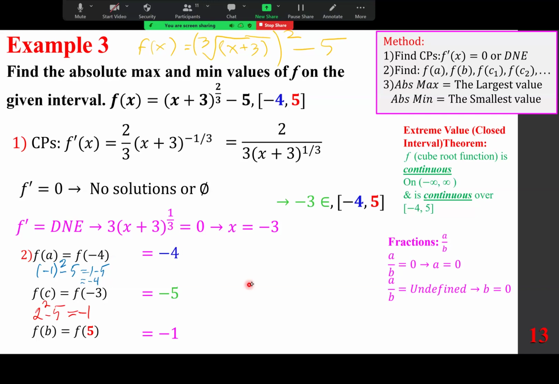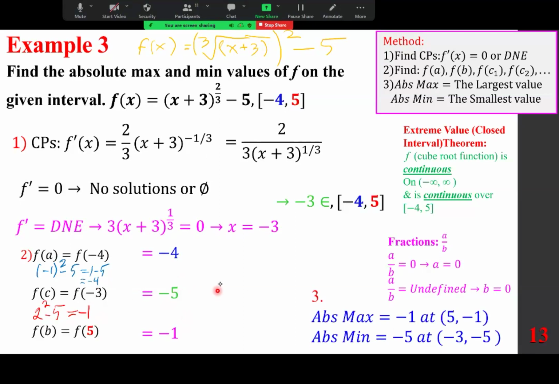Since all of them are negative, this is the largest value, so absolute max at this pair. This is the smallest value, absolute min equals negative 5 at this pair. So we can write absolute maximum equals negative 1 at 5 comma negative 1. Absolute minimum equals negative 5 at negative 3 comma negative 5.